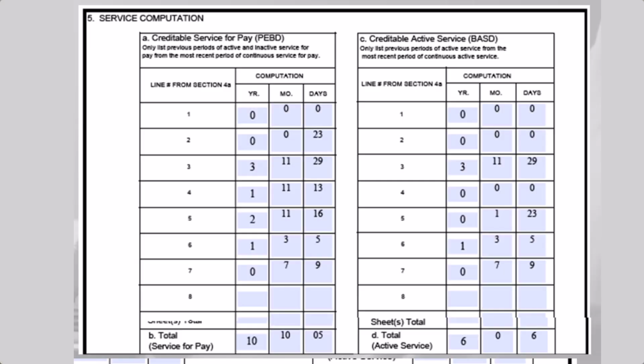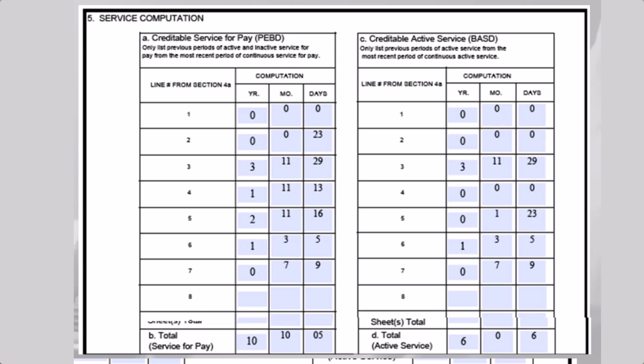All right, so let's go back to these columns we have in this new version of DA Form 1506. What we do is add up the total days and months and years, and that same rule about 30 days in a month and 12 months in a year is going to apply. Like if we sum up this column, we get 95 days, so we're going to keep the 5 days and add 3 more months.